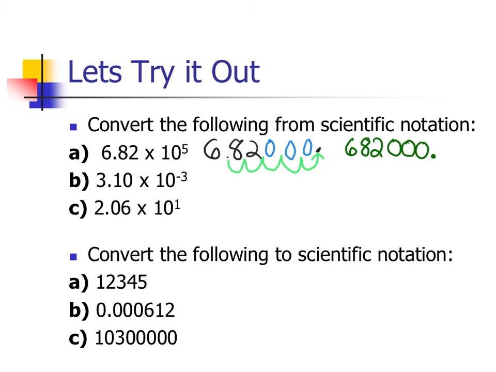The next one. Negative, that means the numbers move what direction? To the left.